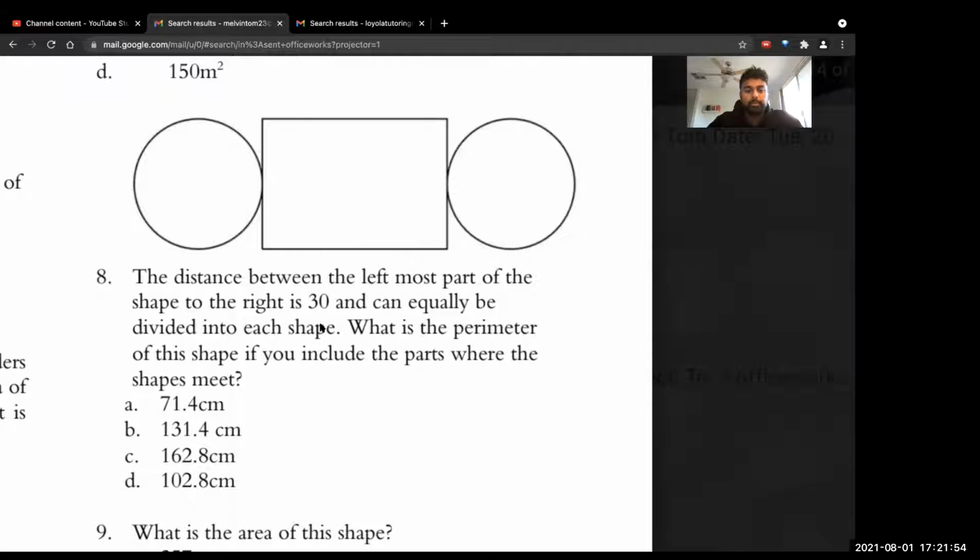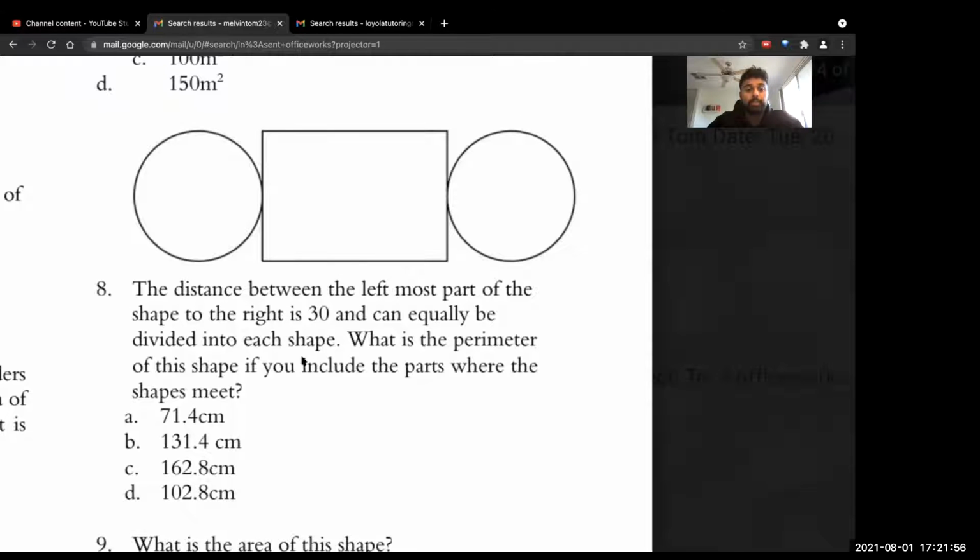What is the perimeter of the shape if you include the parts where the shapes meet? So what that means is that this distance here is 30, and this distance is equally shared by the three shapes. So this is 10. This distance here is 10. And this here is also 10.